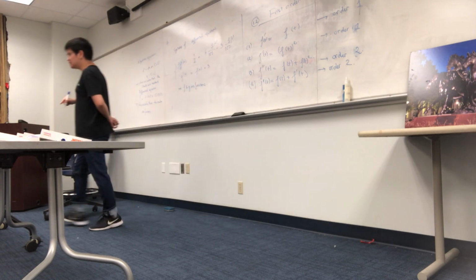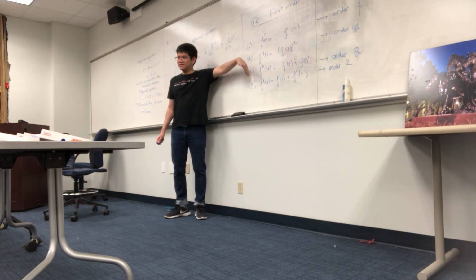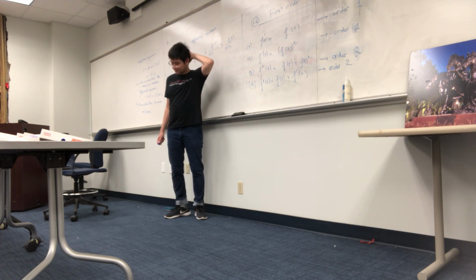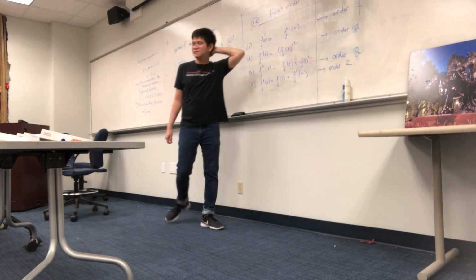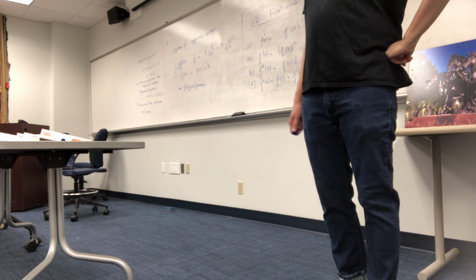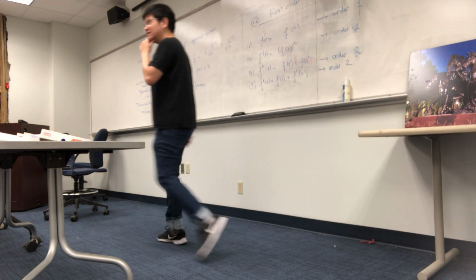Can you guess why I can say that these two are of order 1 and these two are of order 2? Because the highest order of derivative in the equation is 1 for equations 1 and 2, and for equations 3 and 4 the highest derivative is 2. Thank you.